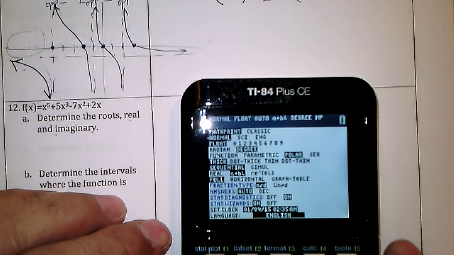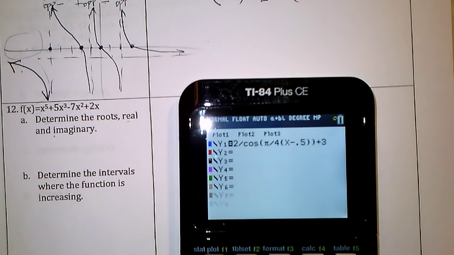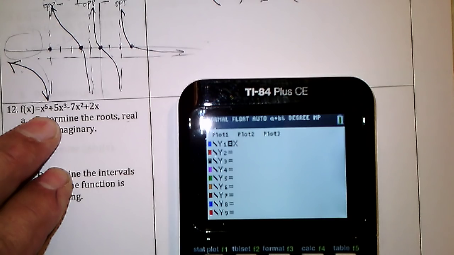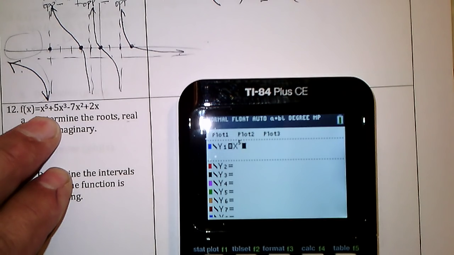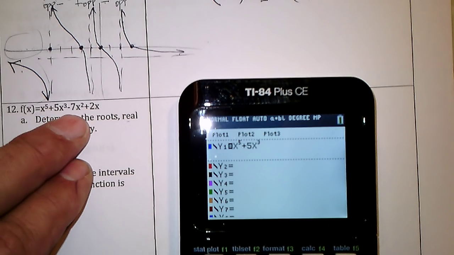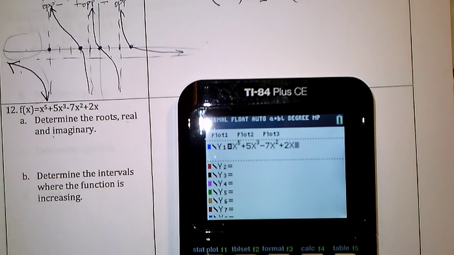Mode, I want to be function, y equals, we want to put in x to the 5th plus 5x to the 3rd minus 7x squared plus 2x. I see an x in all of them, so one of the zeros is going to be at 0.